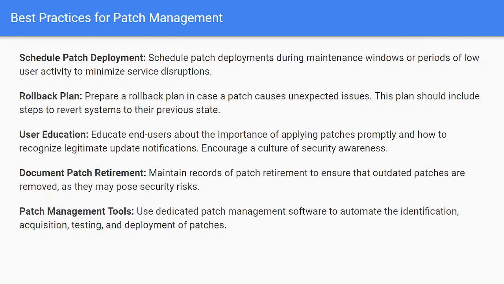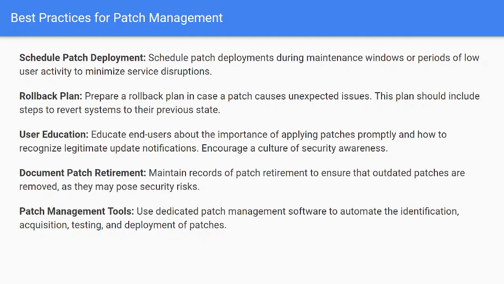Train them how to identify the right patches, because remember, we talked about how malicious attackers camouflage malware as an update. So you need to tell them how to identify which one is the right patch, and they should implement it immediately.